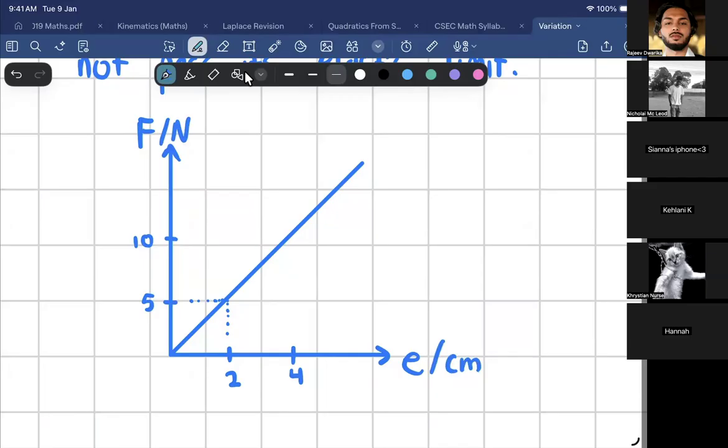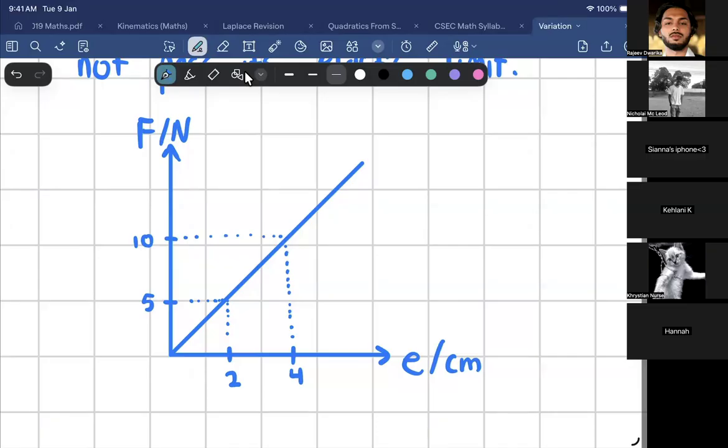All right, and Hannah, when I apply a force of 10 newtons to the spring, it looks as though the extension is what? 4 centimeters. So by applying twice the force, it extended by how many times? By 2 times. You're sure you understand that?